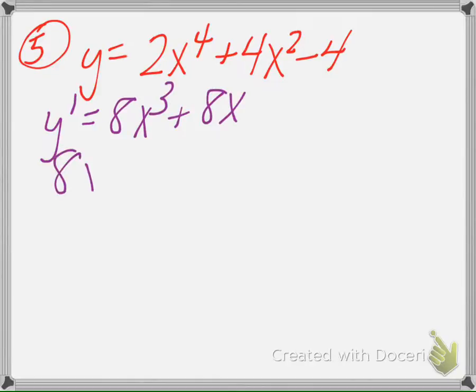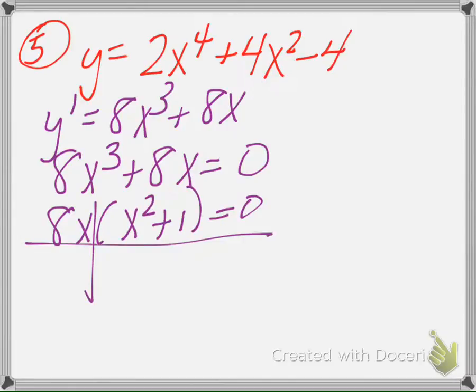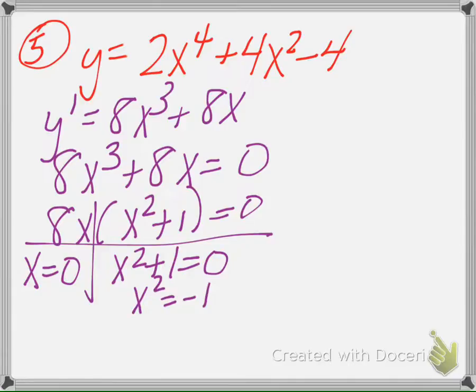I'm going to set that equal to 0. Factor. Get our solutions. Okay, this can't be, so there's only one solution, x equals 0.